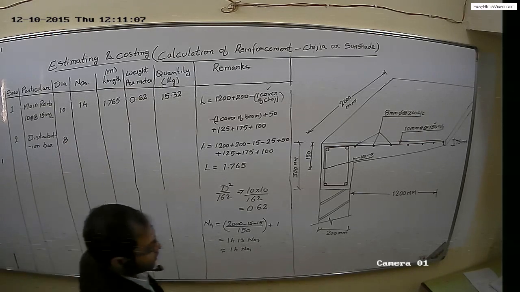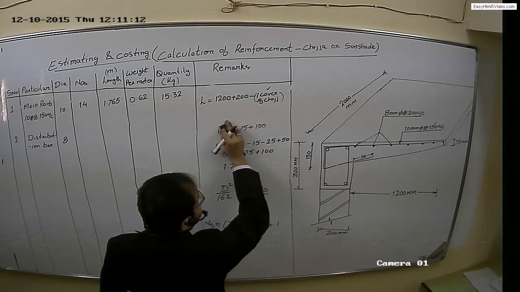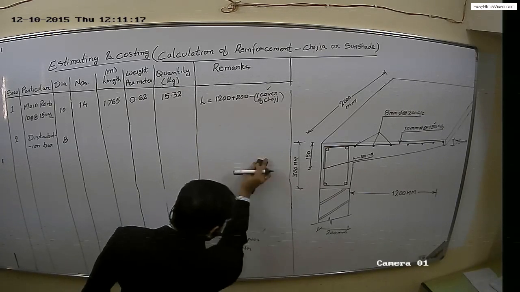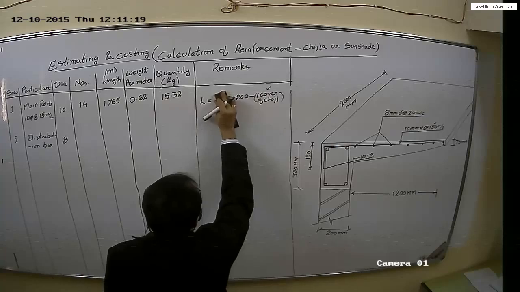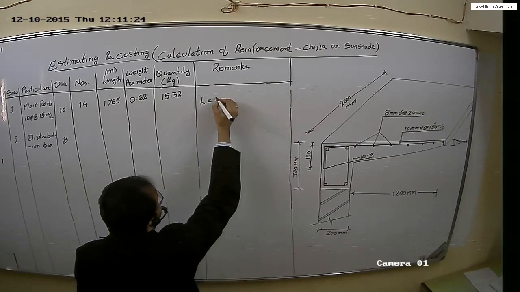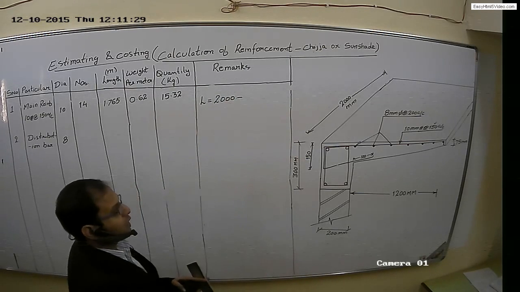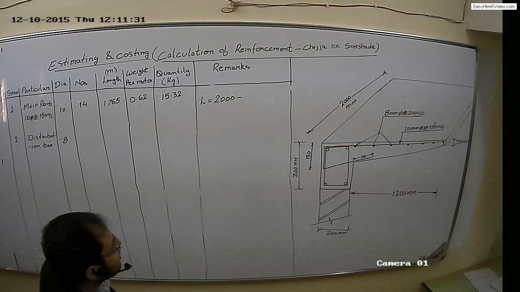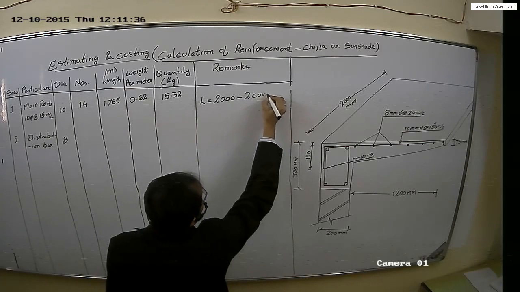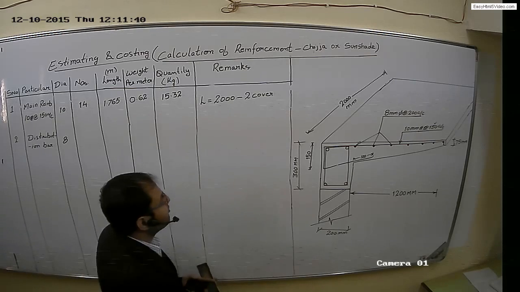The length we have to calculate. So the length of distribution steel can be calculated in the fashion as I am showing on the board. The total width of the Chajja is 2000 mm. We have to deduct 2 covers from both sides. And of course, for Chajja we used to take cover of 15 mm.